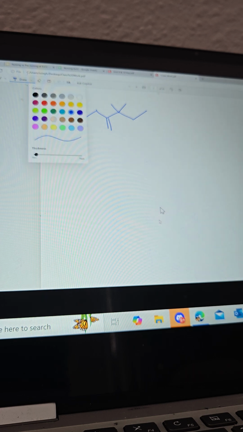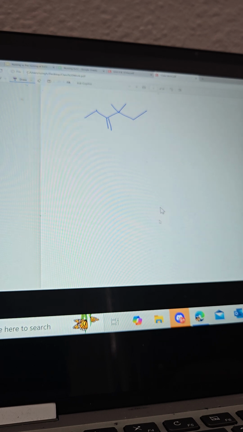So what will be the parent in this example? Will it be 1, 2, 3, 4, 5, 6? Or will it be 1, 2, 3, 4, 5? Or 1, 2, 3, 4? I'm seeing different options. What do you guys think? Longest carbon chain. Is that a hexene?